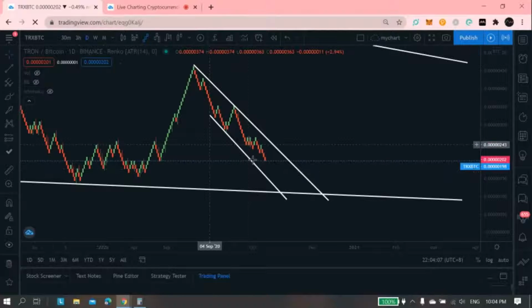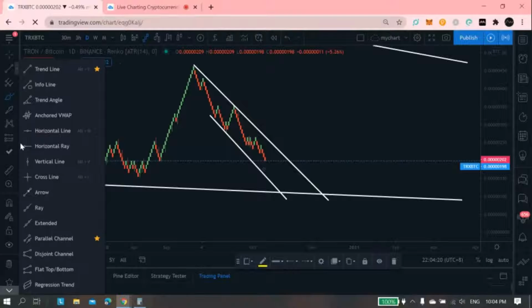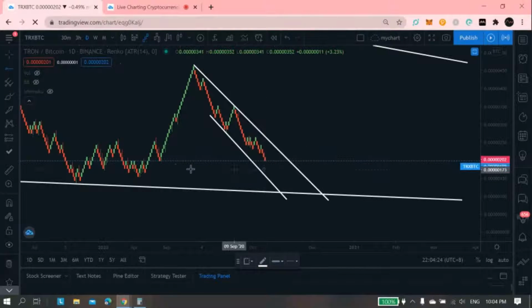Of course, it depends on where this Renko chart will retest, but I think it can form another two or three Renko bars. So this is the possible support I'm looking at if this continues the downtrend, possibly at this area.